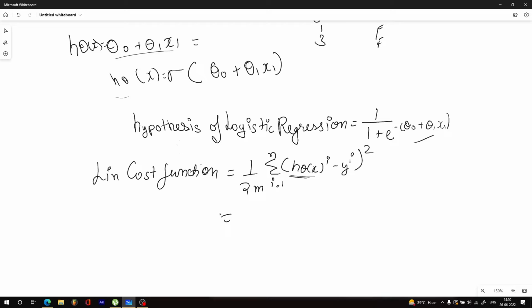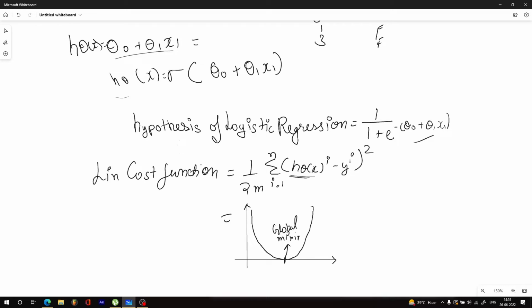Now the problem is that when we use this cost function, if you remember, the graph for gradient descent for linear regression was in this manner. This is how it used to come after applying the convergence theorem. We actually reach a global minima here.